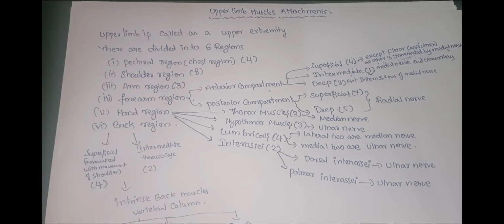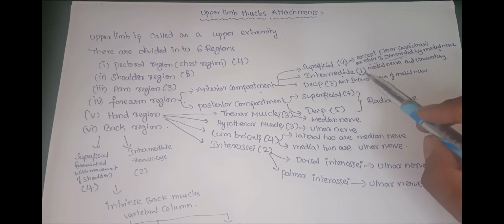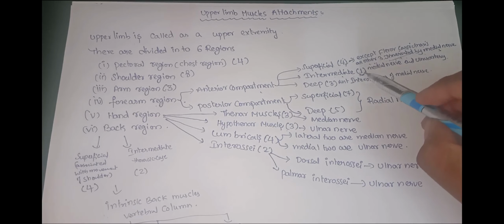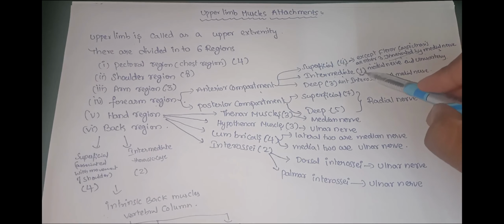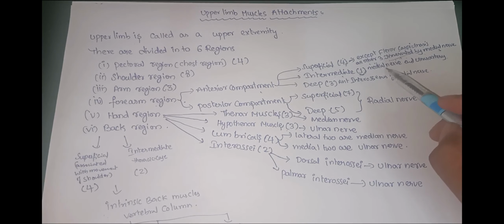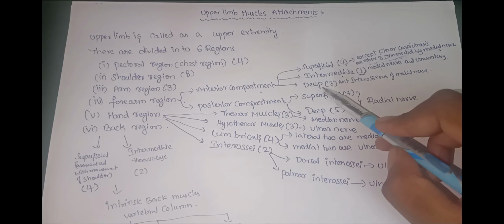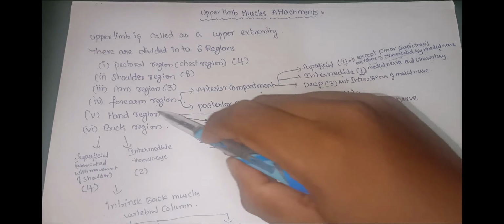Next, the intermediate group. How many muscles are present in the intermediate region? Only 1 muscle is present, and it is innervated by the median nerve and ulnar artery. Next, the deep region of the anterior compartment of the forearm region.